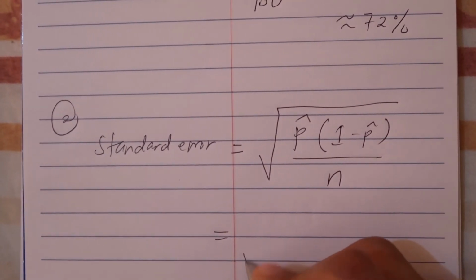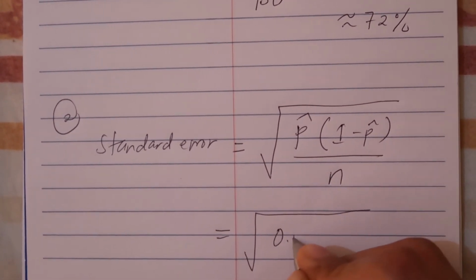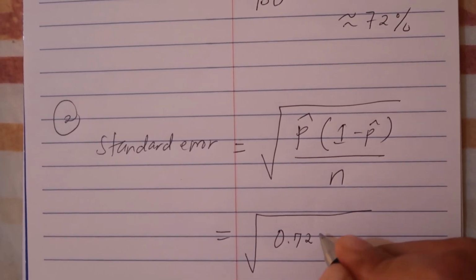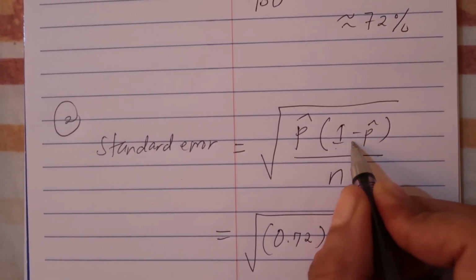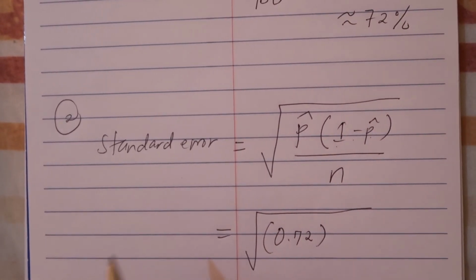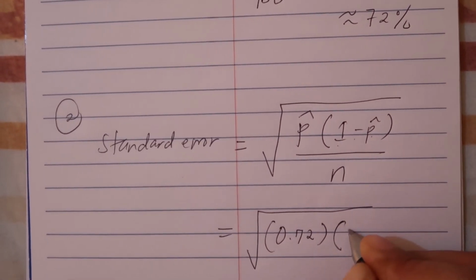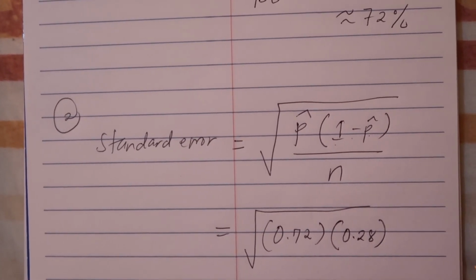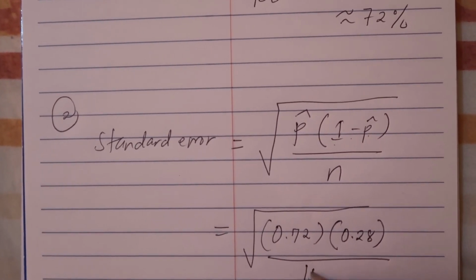Your p hat is 0.72, multiplied by 1 minus 0.72, which is 0.28, over 150.